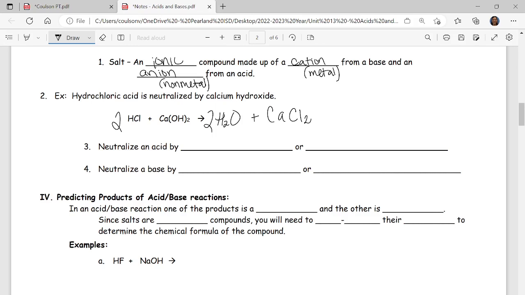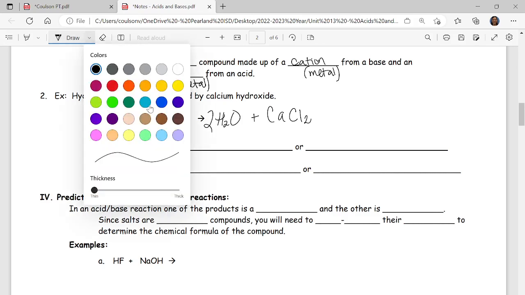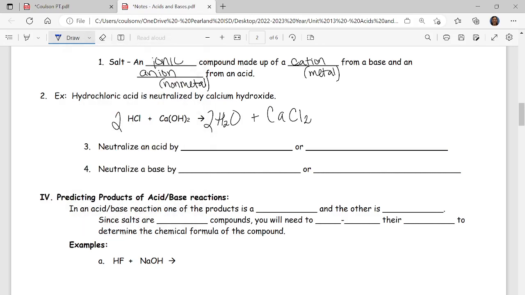So, from what I just said, you can neutralize an acid by doing what? By adding a base. Good. Or you can dilute it by adding water. So water will act as both an acid and a base.